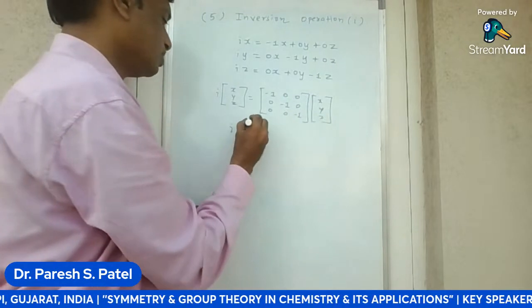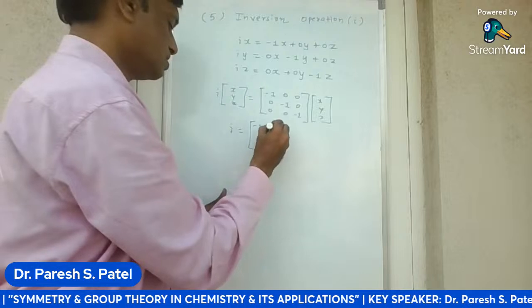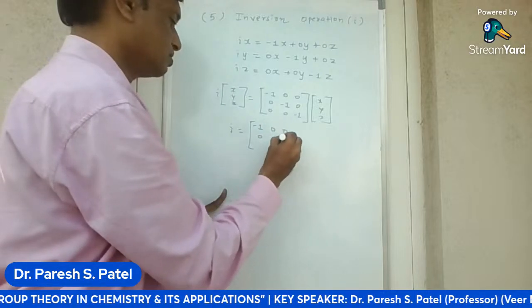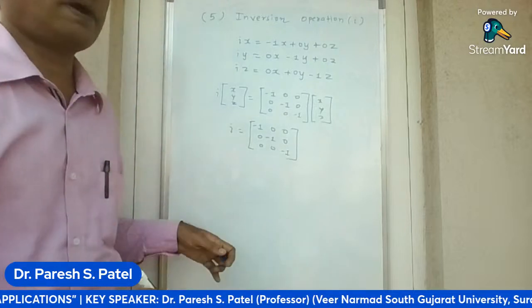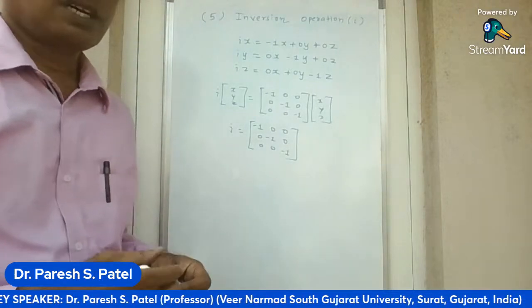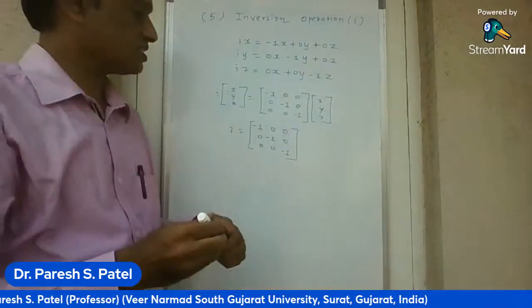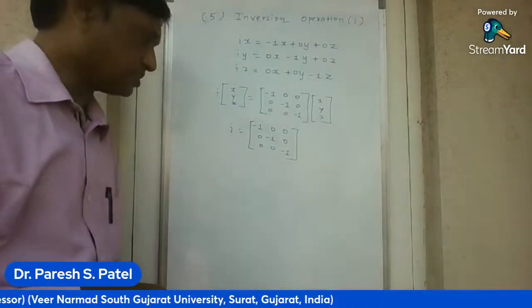So i is equal to minus 1, 0, 0, 0, minus 1, 0, 0, 0, minus 1. So this is the matrix representation for inversion, or we can say center of symmetry.